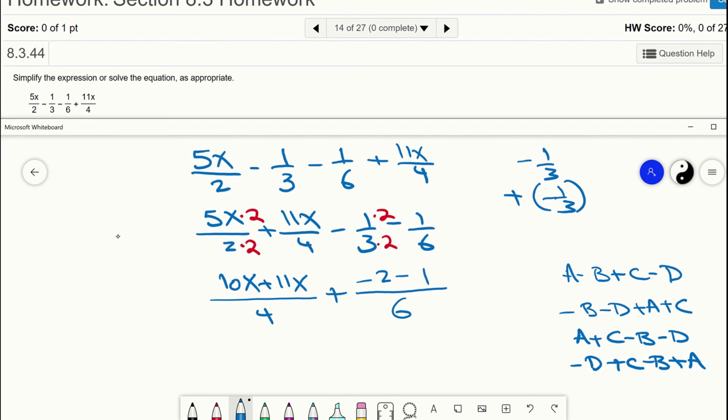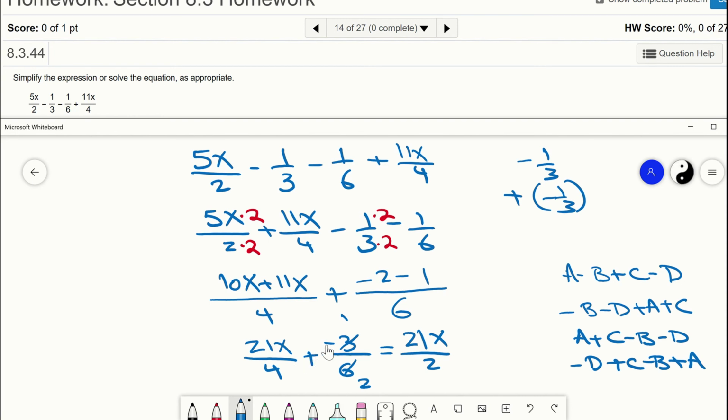So we end up with 21x over 4 plus negative 3 over 6. I notice that I can reduce that to 1 and 2. And of course, I'll put the final result in the simplest possible form, which is 21x over 2.